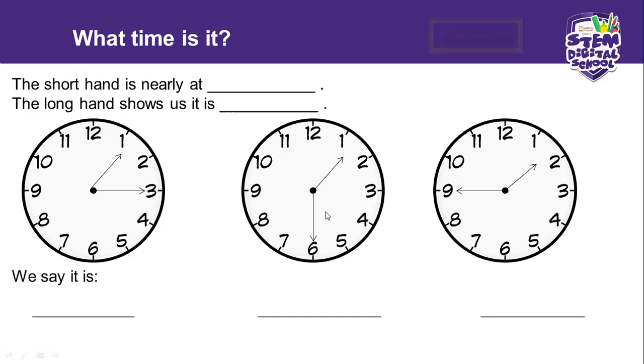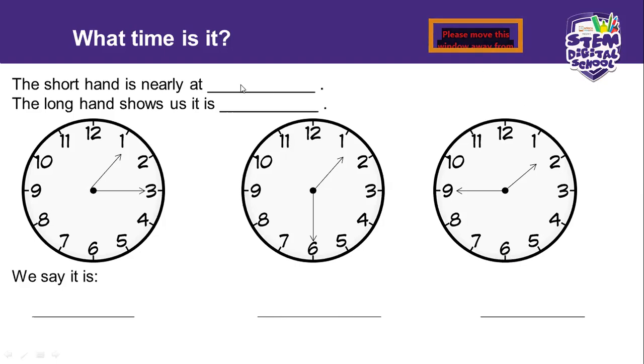So what is our time? What time is it? Write your time there. Okay. You're right. It's 1/2 past. Good. Now we go to our last clock or watch there.